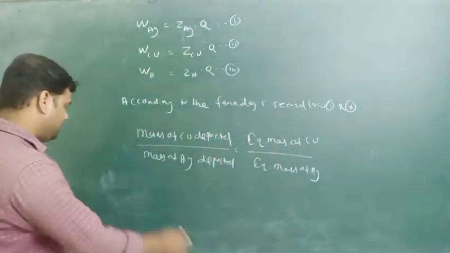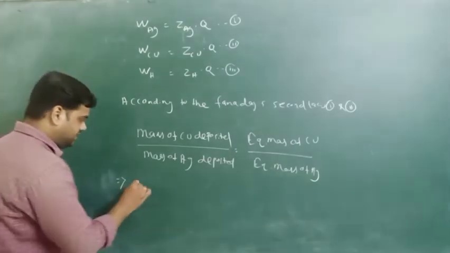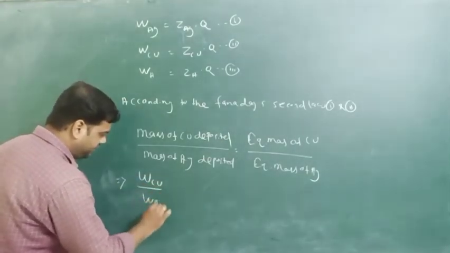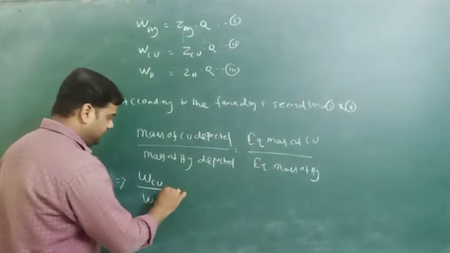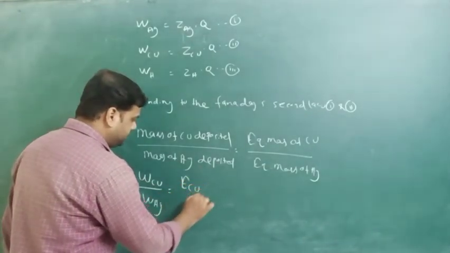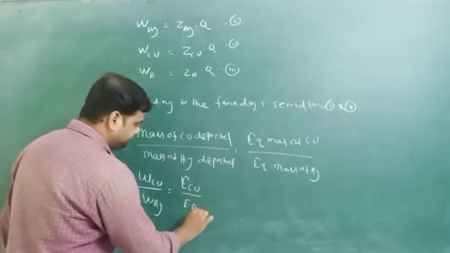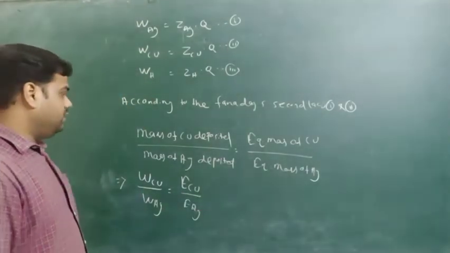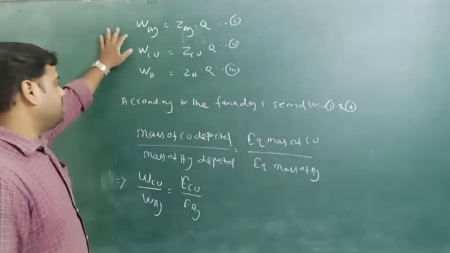Okay, so we can also write W_Cu by W_Ag equals E_Cu by E_Ag. So this is from equations 1 and 2.